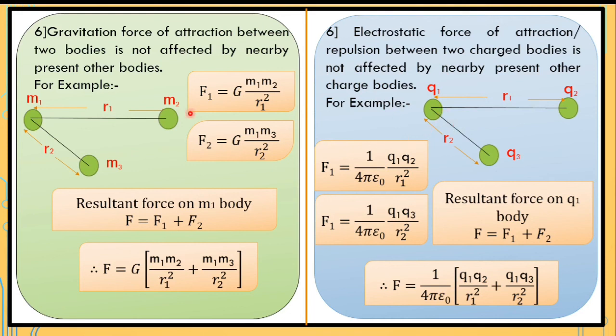Here the proportionality constant is 1 upon 4 pi epsilon 0. The force between q1 and q2 is divided by the distance r1 square. Similarly, F2 is for q1 and q3 divided by r2 square. So the resultant force F is equal to F1 plus F2. Taking the proportionality constant 1 upon 4 pi epsilon 0 outside the bracket, F is equal to 1 upon 4 pi epsilon 0 times the bracket of q1 q2 upon r1 square plus q1 q3 divided by r2 square.